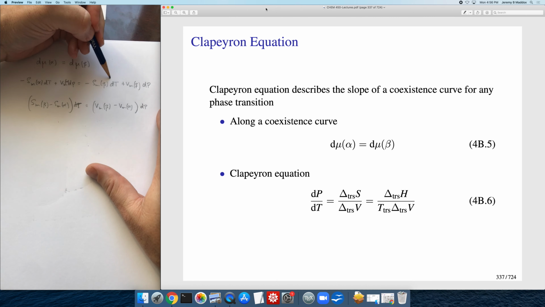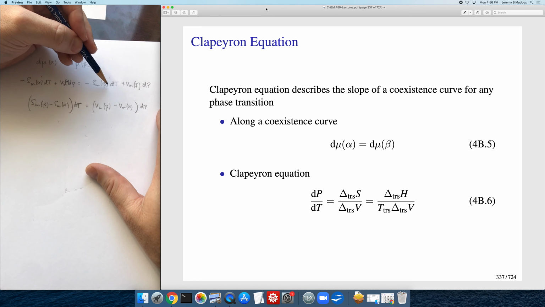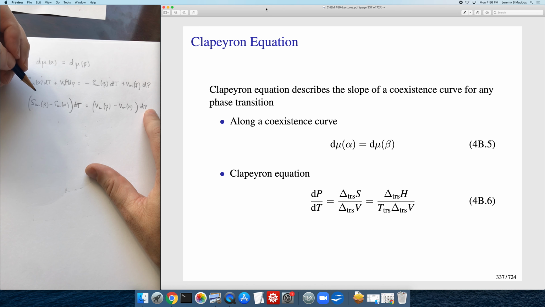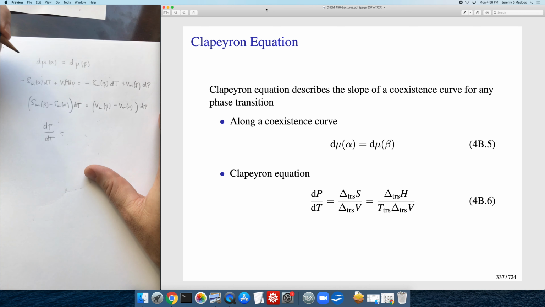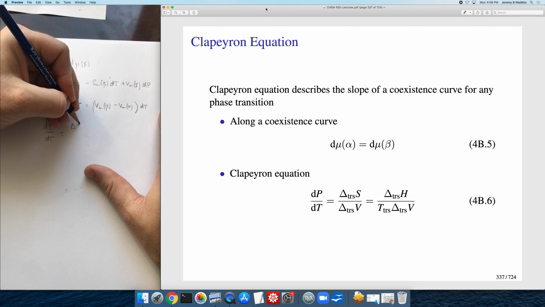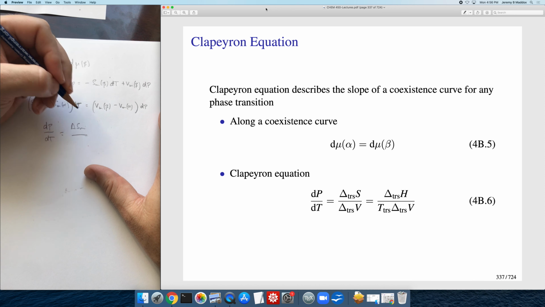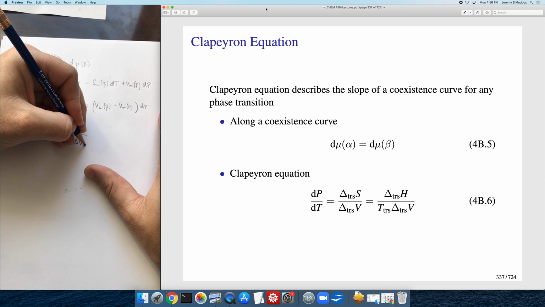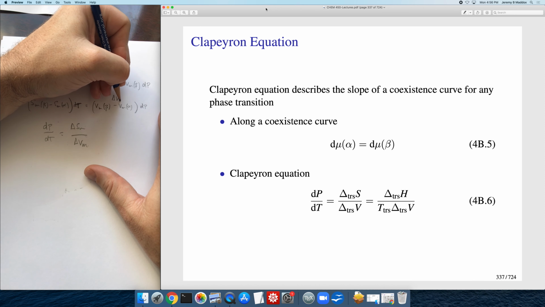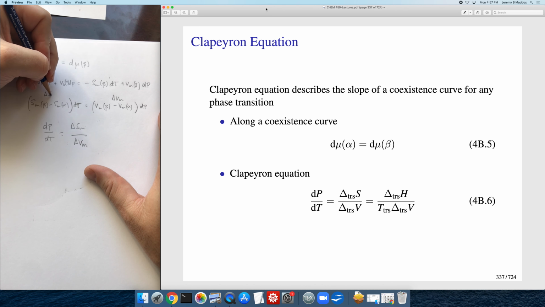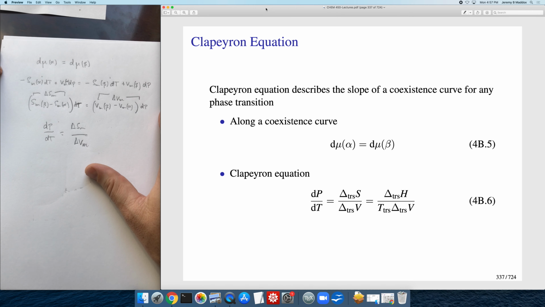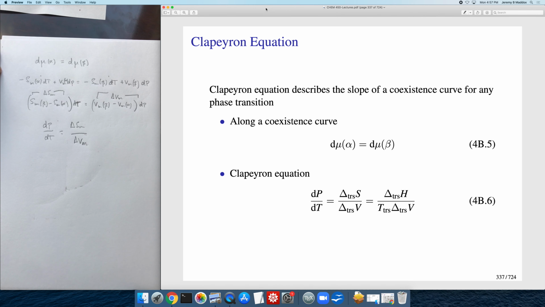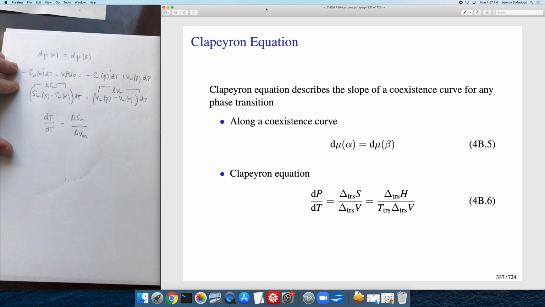So I moved the temperature terms over here, I moved the volume terms over there. And now we can solve for dP over dT, the slope. That's going to be equal to delta Sm over delta Vm. So that's where the first part of the Clapeyron equation comes from.